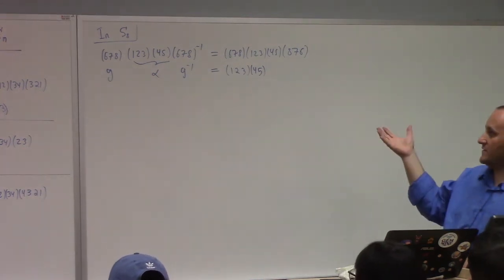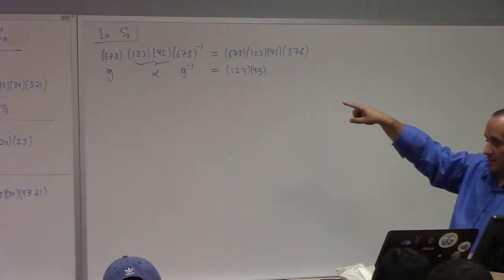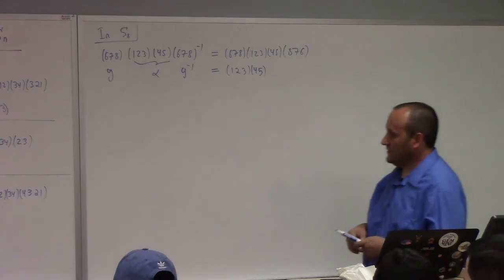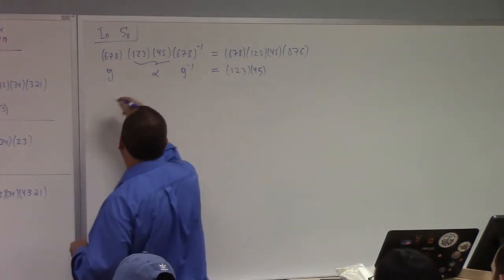But this serves to illustrate the larger point, which is when we conjugate a cycle in Sn, what's being preserved is actually what's called cycle type. So let me make it more interesting.